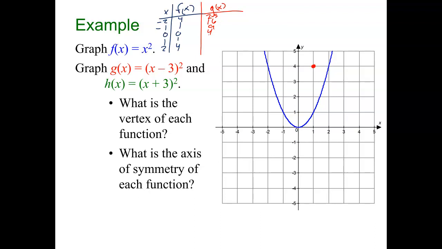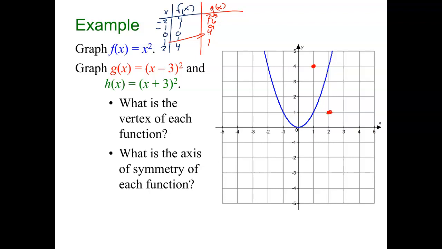Which is why we have to move the opposite direction. Okay? So that was 1, 4. Now let's do 2. What's 2 minus 3? Negative 1. But square it, you get? We get 1. So now I'm at 2, 1.